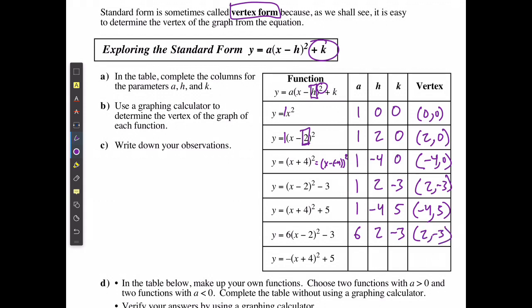And the last one, because it just says minus beside the brackets, it's actually negative 1 for a, negative 4 for h, and positive 5 for k, and the vertex is at negative 4 and positive 5.